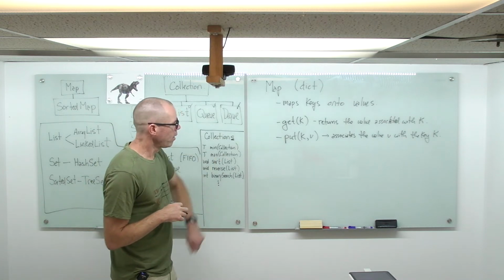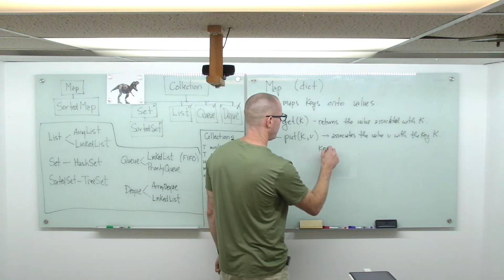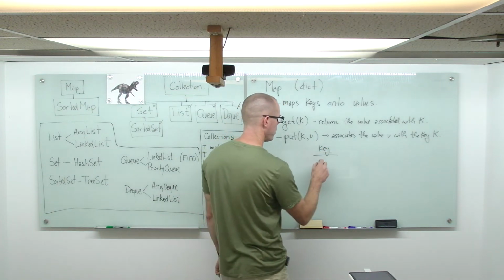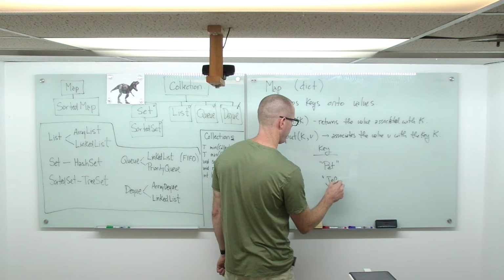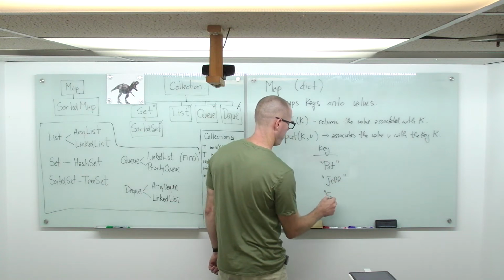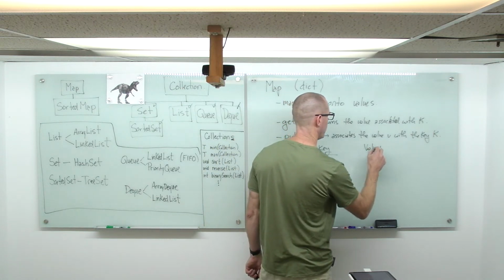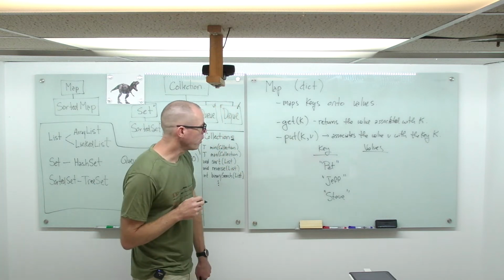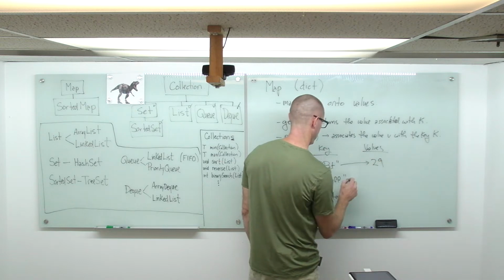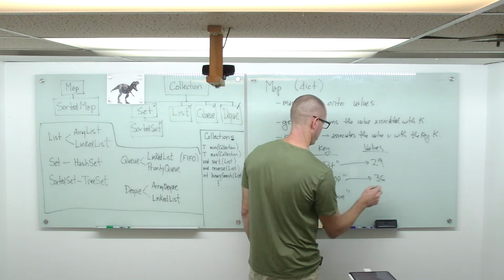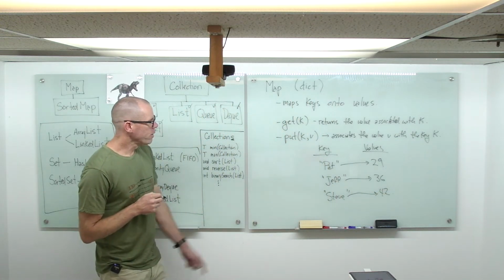So an example might be something like keys, which are people's names, and values, which are some number associated with this person. So maybe, I don't know, something like ages. And so that's what a map does.